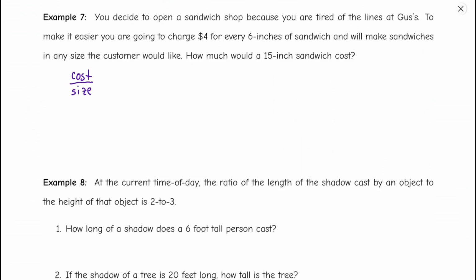So there's the determined cost, which is $4 per every 6 inches. And this has to be the same for every sandwich. But then, how much would a 15-inch sandwich cost? Well, I know what the size is, so the 15 goes on the bottom. I don't know what the cost is. Now here, I don't know exactly 6 times what equals 15, but we can reduce the 4 over 6 first. 4 over 6 reduces to 2 over 3.